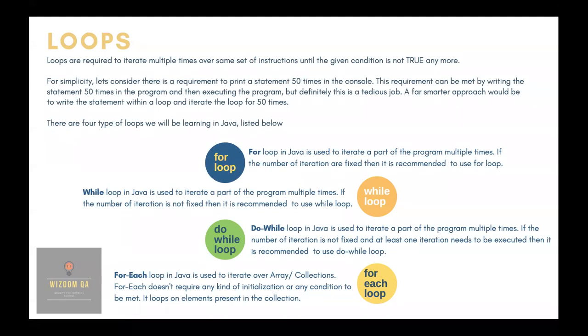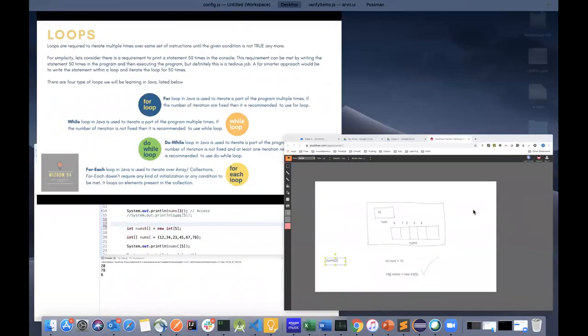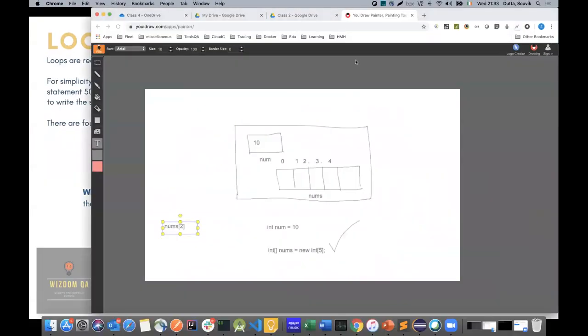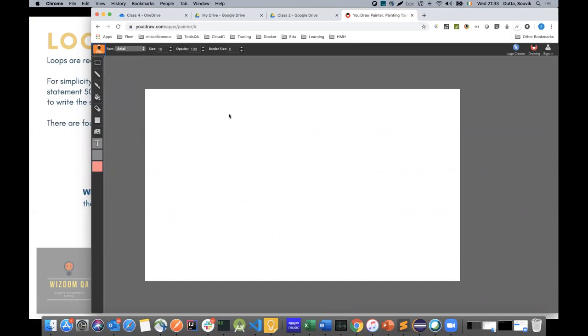Take a simple example of a printer. What happens in a printer? Let's try to evaluate this. I'm going to clear this. Okay, so we have a printer that gives me the print out.